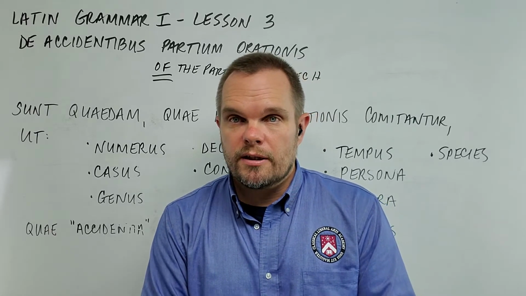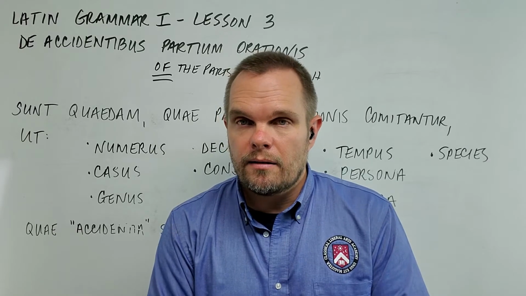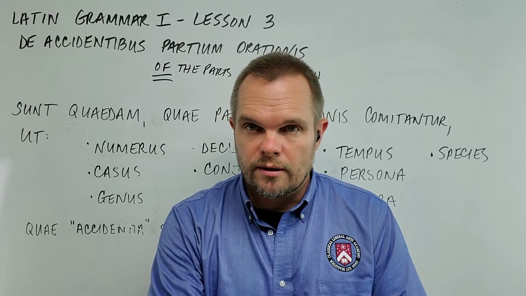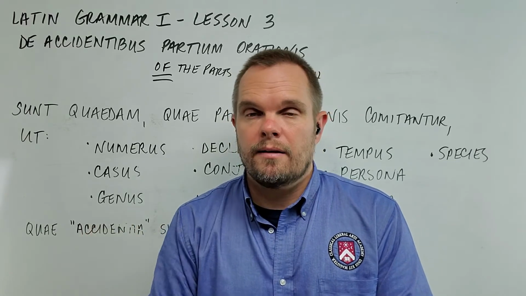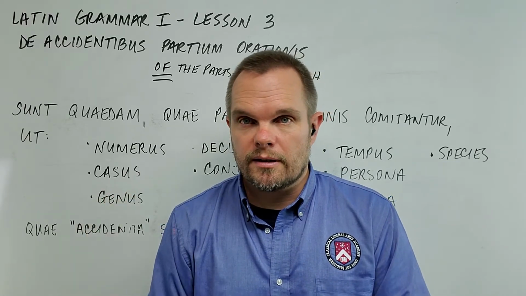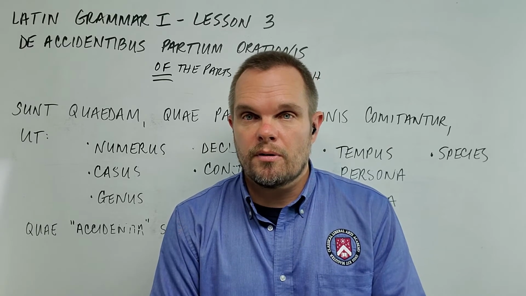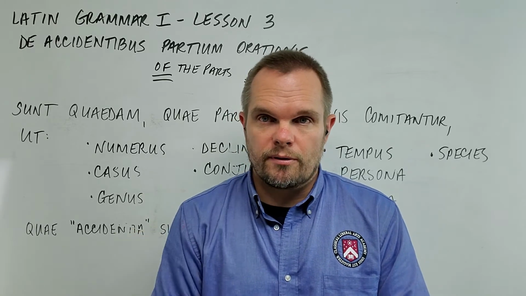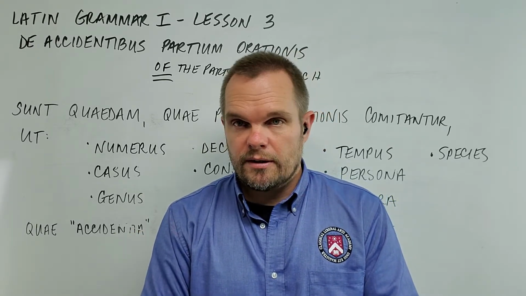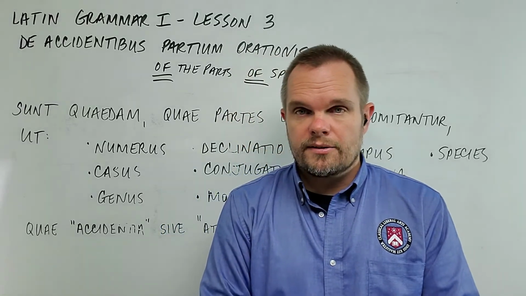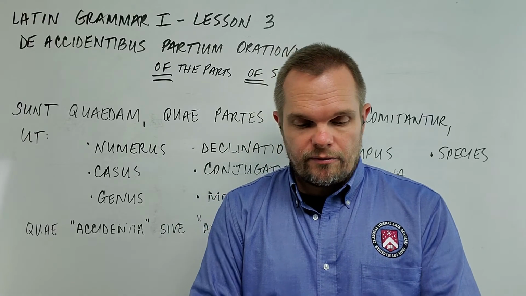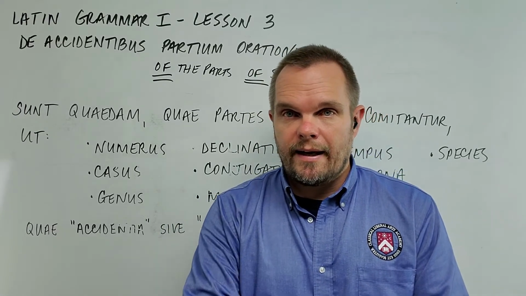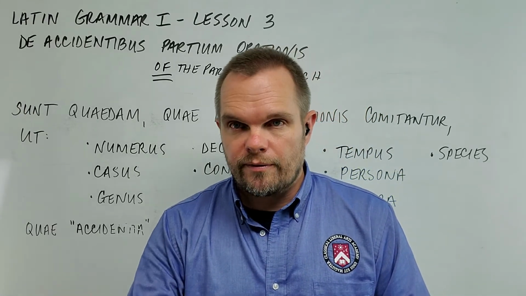If the genitive singular ends in the diphthong ae, then it belongs to the first declension. If the genitive singular ending is in i, then it belongs to the second declension. If it's in the syllable is, it belongs to the third declension. If it's in the syllable us, then it's fourth declension. And if it ends in the two vowels e and i, then it's fifth declension.